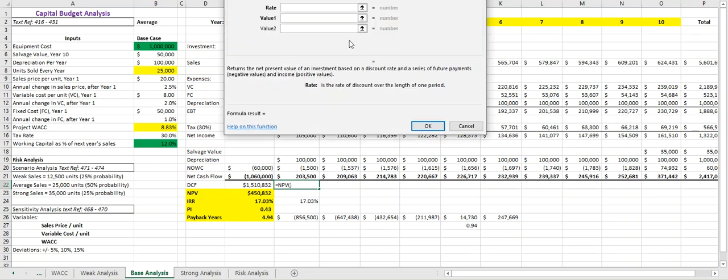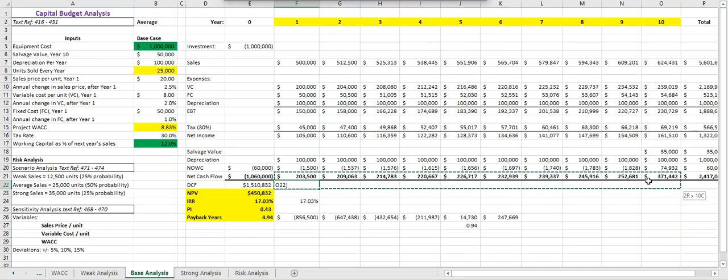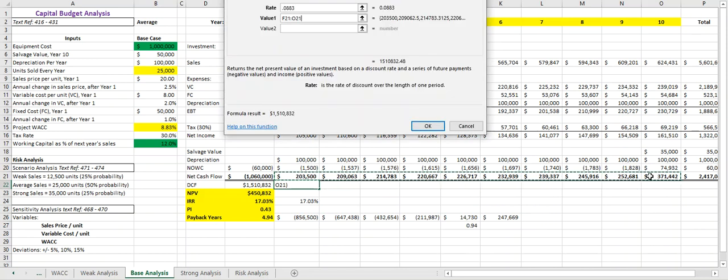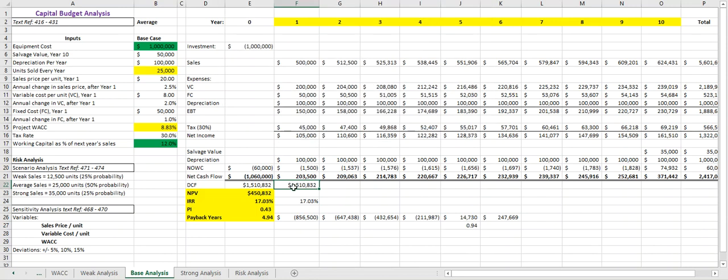You type in your discount rate, 0.0883, that's our WACC. And you take the values of year 1 through year 10, and now it discounts that future cash flow at your cost of money, and you get your discounted cash flow, which is used to compute the NPV. The profitability index is the ratio of that NPV to the investment, $1,060,000.